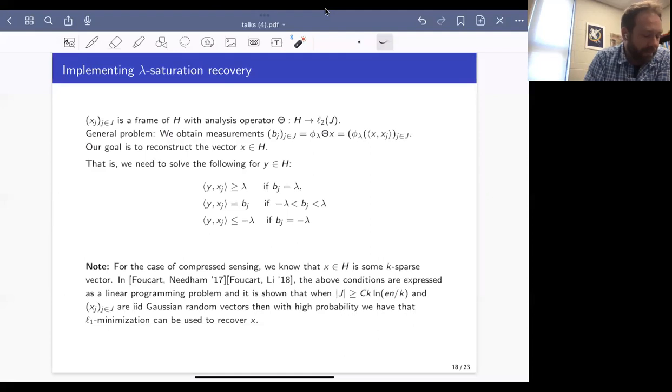And so then if you have some algorithm that works for compressed sensing, then it'll also work for the case of vector recovery using a frame. And so that kind of gives a benchmark that if we're going to give an algorithm for lambda saturation recovery, it better at least beat that. Okay.